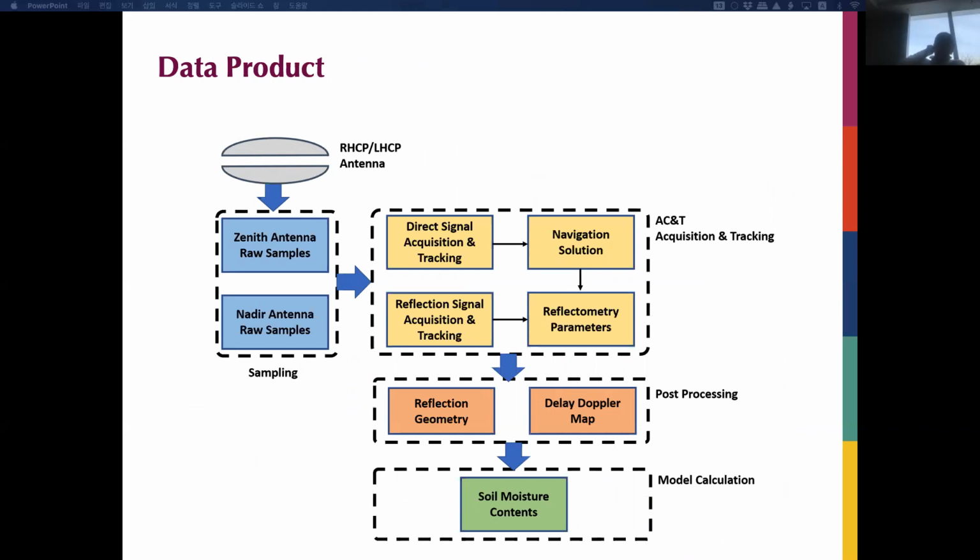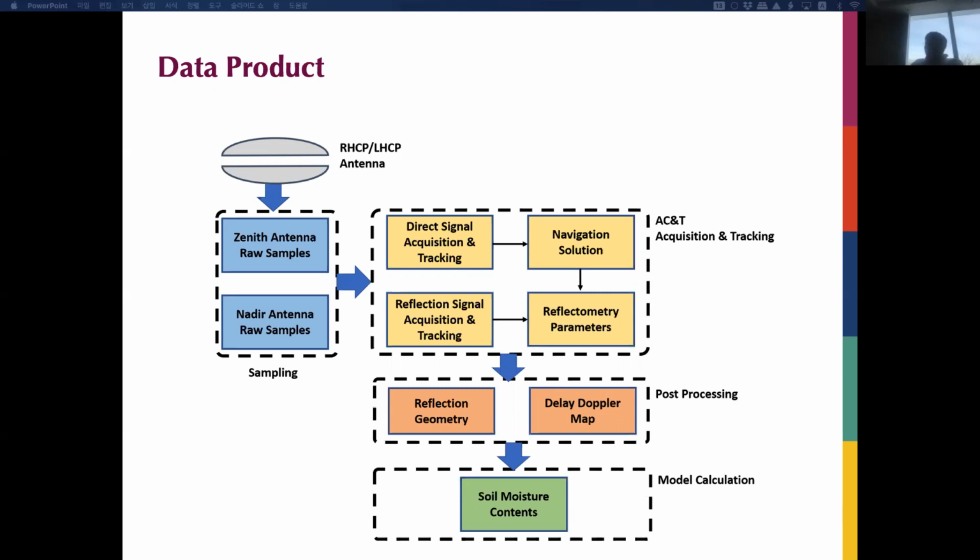These sampled signals go to the acquisition and tracking part, which can be done inside the FPGA on the evaluation prototype receiver. Then using post-processing, we can calculate the reflection geometry and delay Doppler map, and we will use these two parameters to calculate the soil moisture contents.